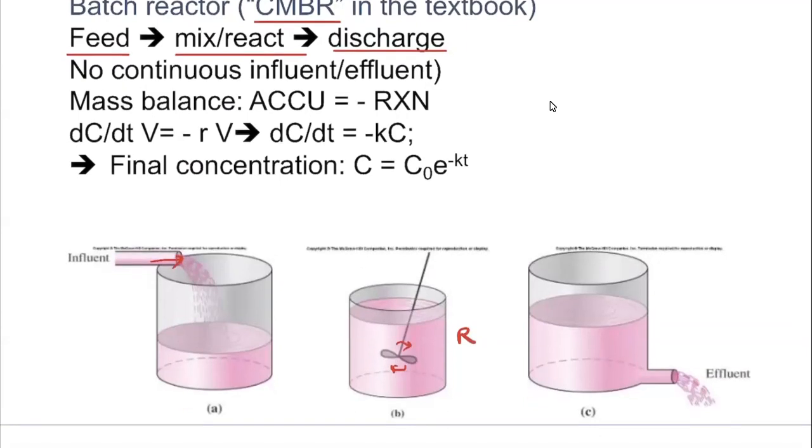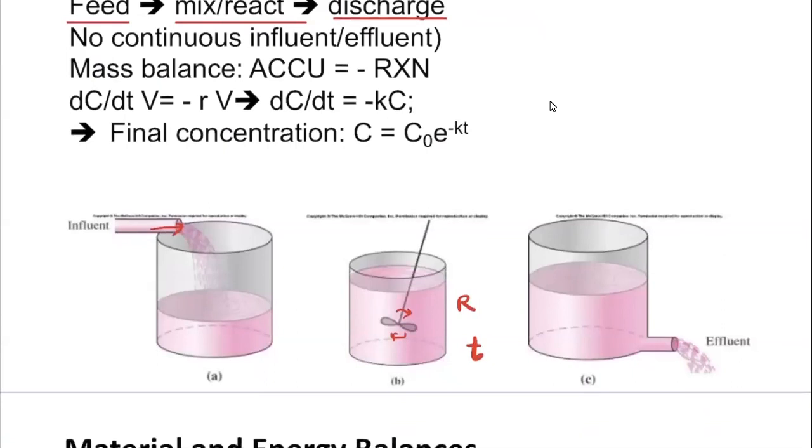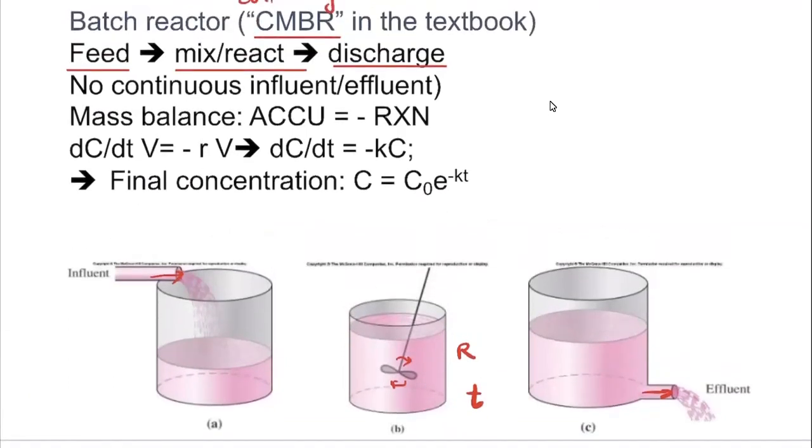After a certain amount of time, we're going to send all of these reactants to effluent. So basically for this tank reactor, when it's being operated, there's no inflow or outflow.